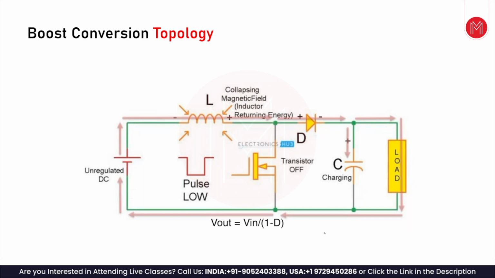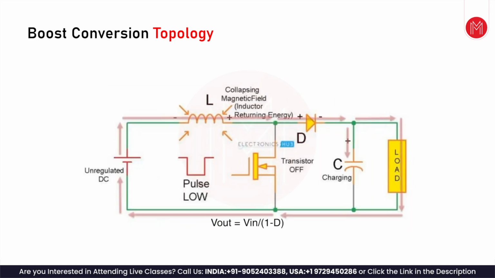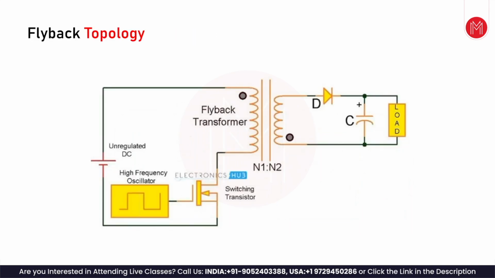That's how V out depends on the off condition, the 1 minus D. So that's the boost conversion topology. In boost conversion, this is how typically the topology is based. We look at the flyback topology now.